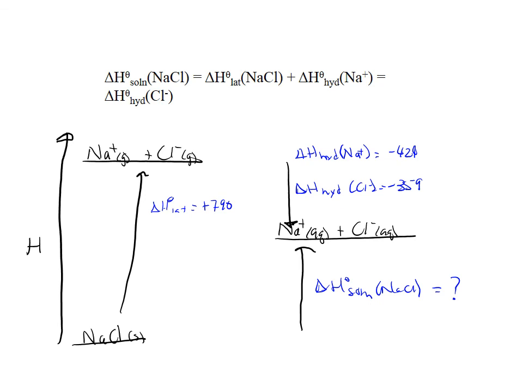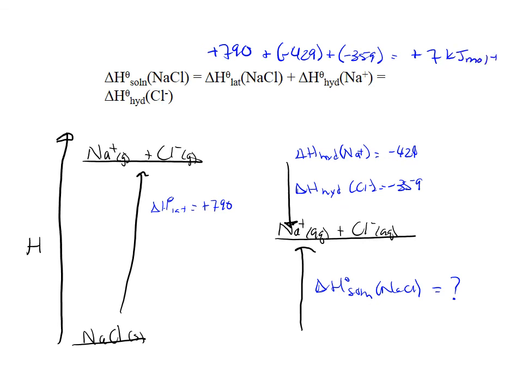So our lattice, positive 790. Hydration of sodium, negative 429. Hydration of chloride, negative 359. And that is going to equal a positive 7 kilojoules per mole, right?